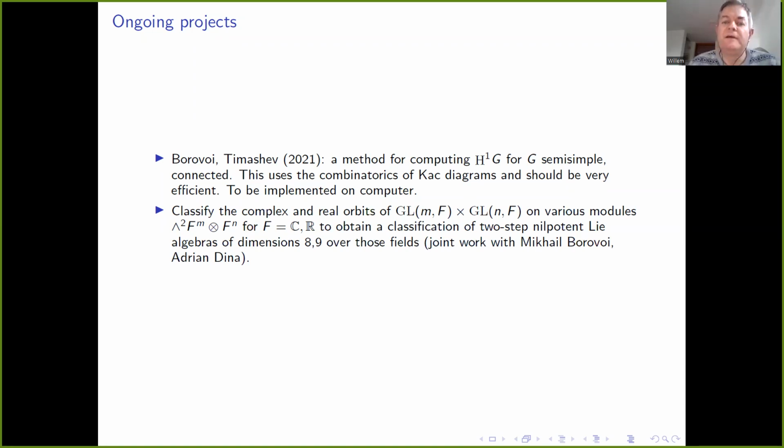And this leads then to a classification of two-step nilpotent Lie algebras of dimension 8 and 9. So that's again a connection to the classification problem of nilpotent Lie algebras.